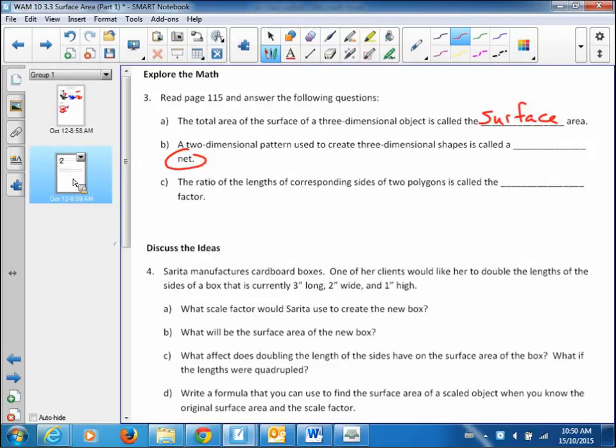The ratio of the lengths corresponding to the sides of the two polygons is the conversion factor. Scale factor. Scale. Sorry. You'll be given scales.